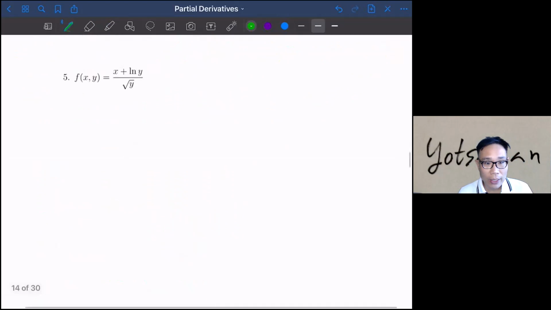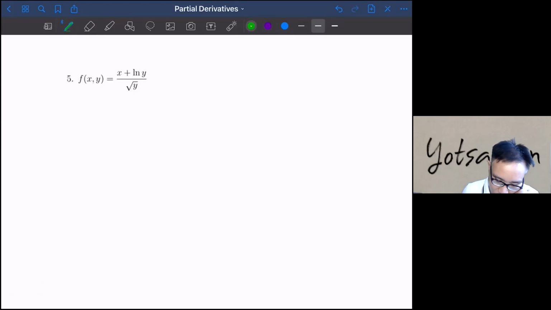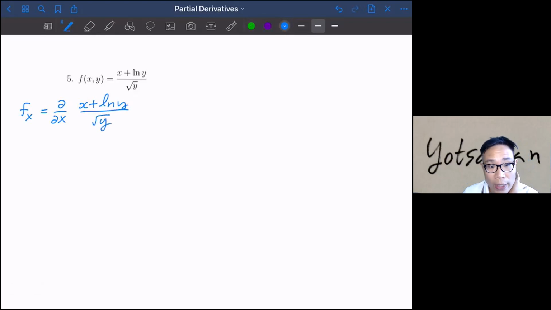For number 5, you would apply the quotient rule. So for d/dx, for fx, this one is going to be d/dx of (x + log y) over root y.